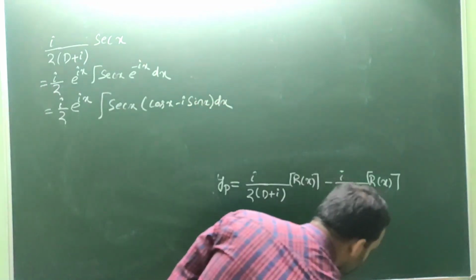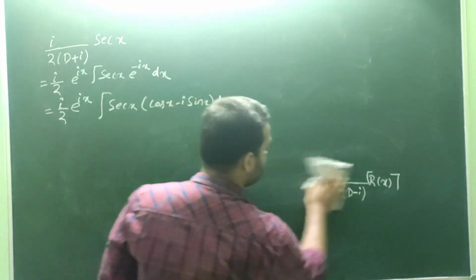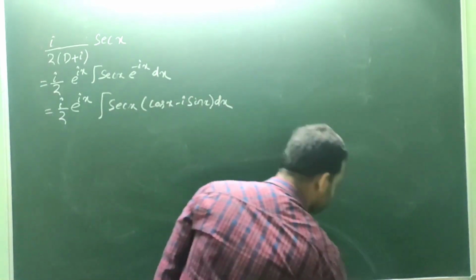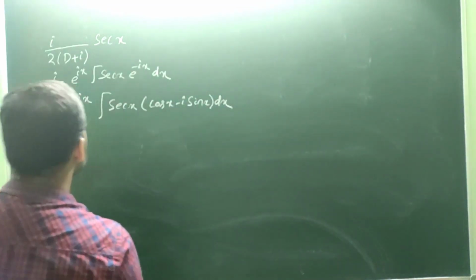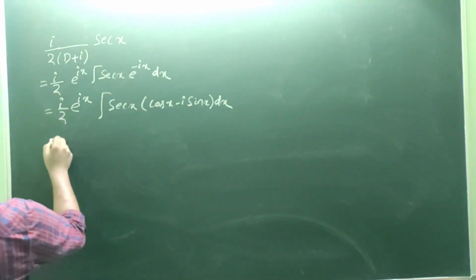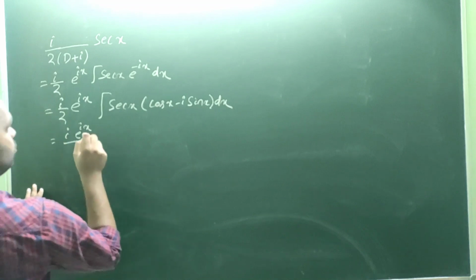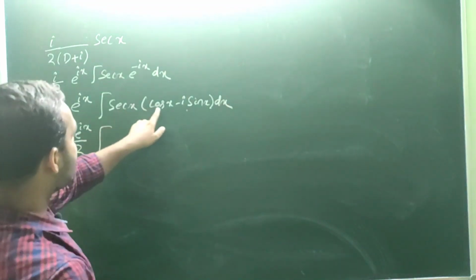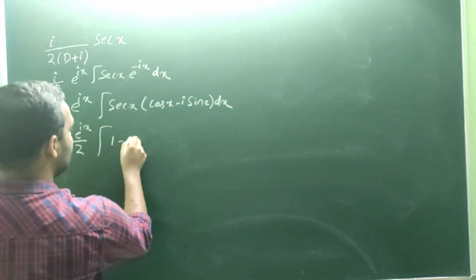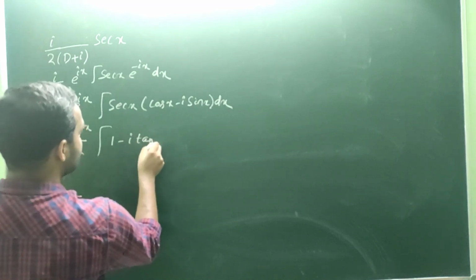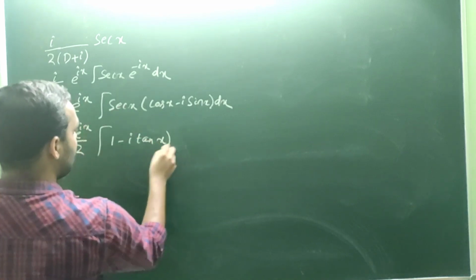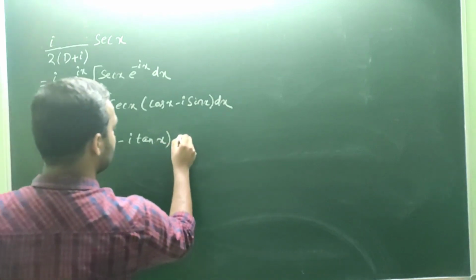Let me remove this part because this part is very clear. So just multiply and it will be i e^(ix)/2, integral of sec x and cos x, it will be 1 minus i tan x, because sec x is 1/cos x and the sin x is the numerator.